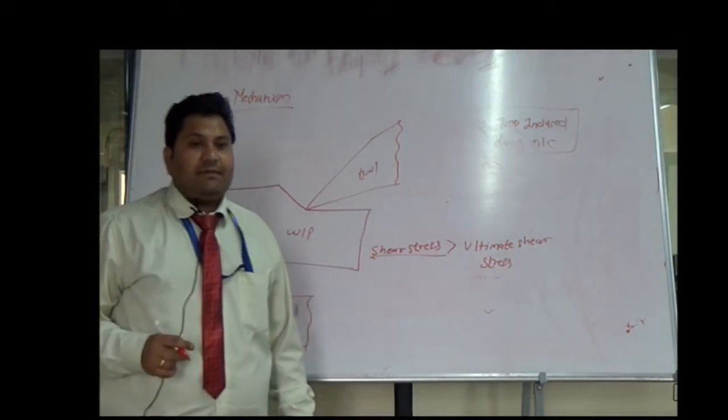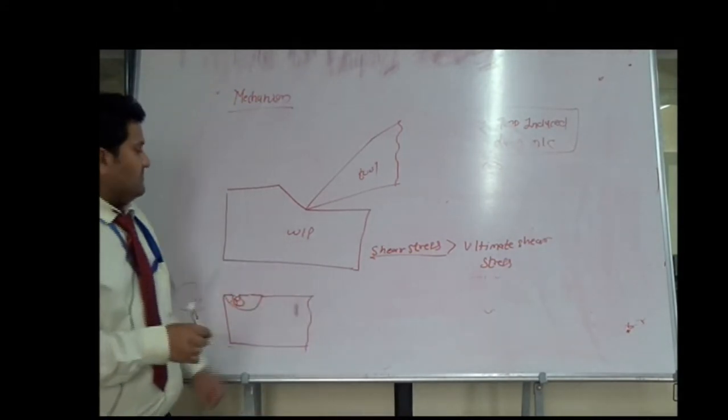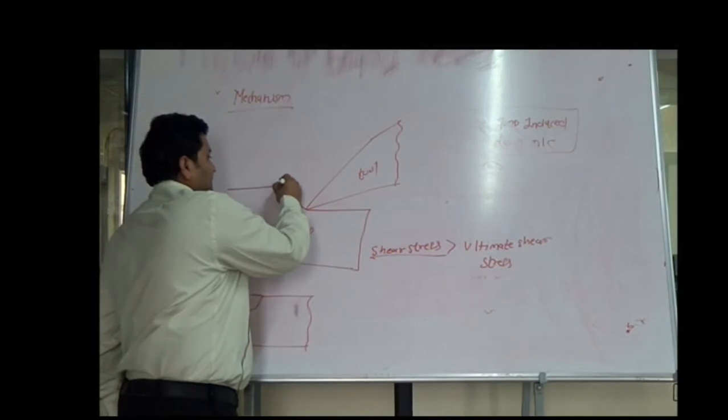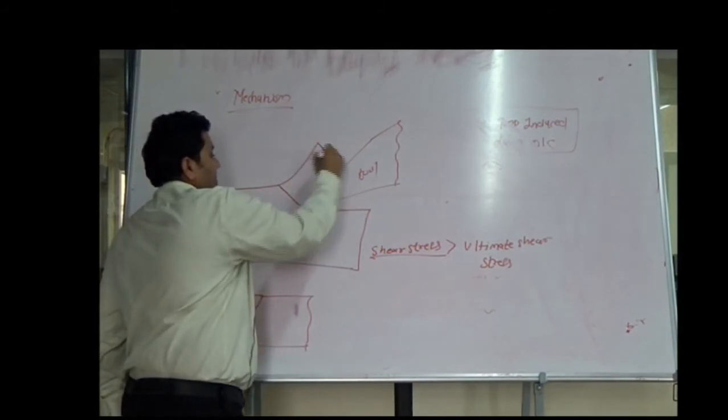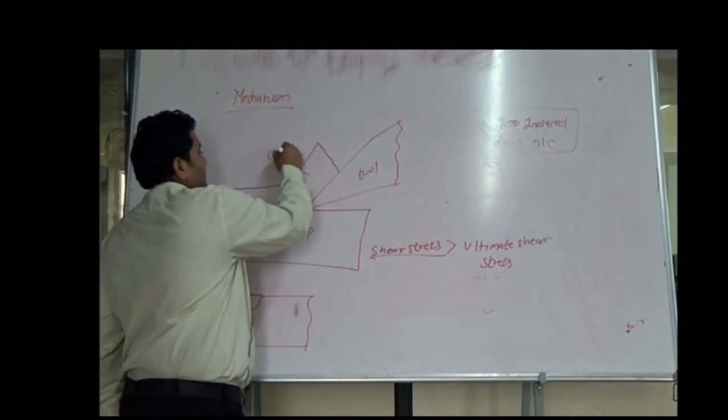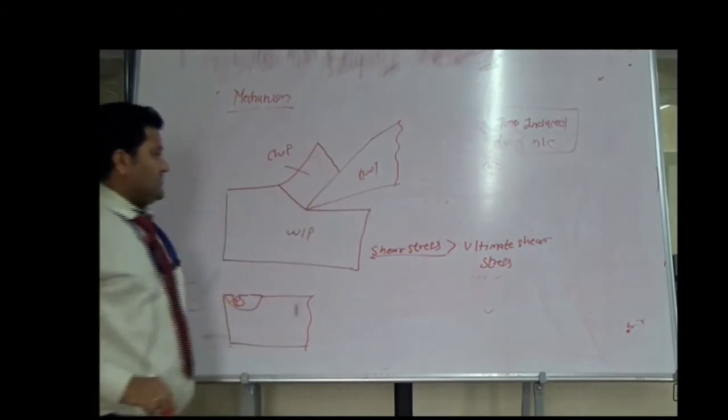So what will happen? The chip will form plastically in front of the rake face of the tool.